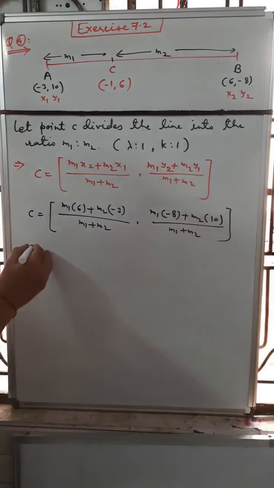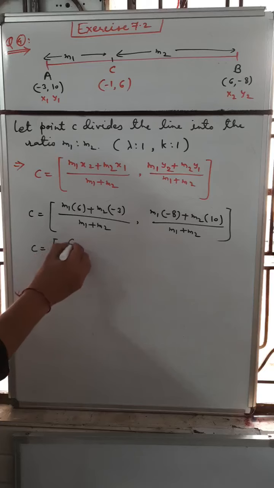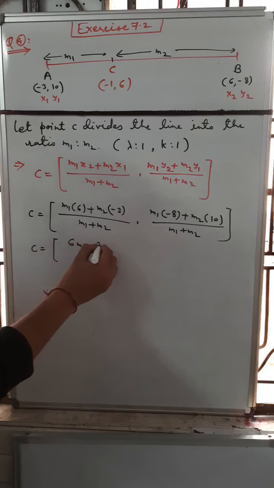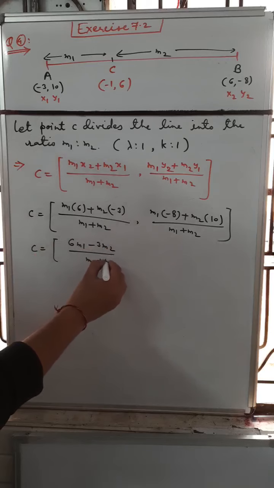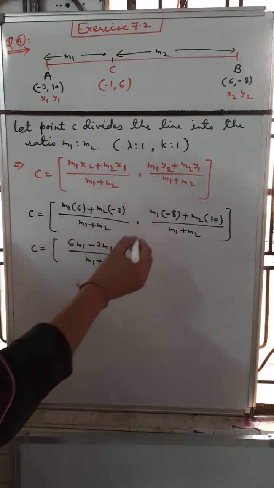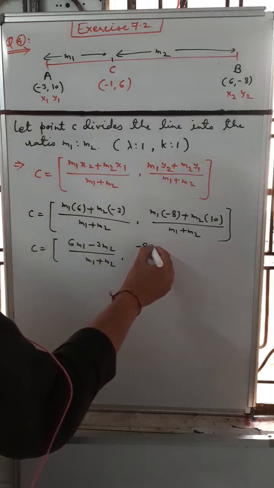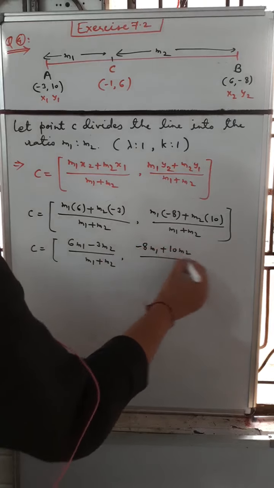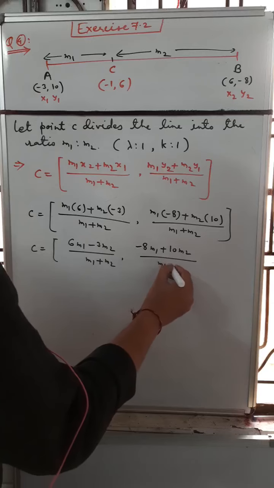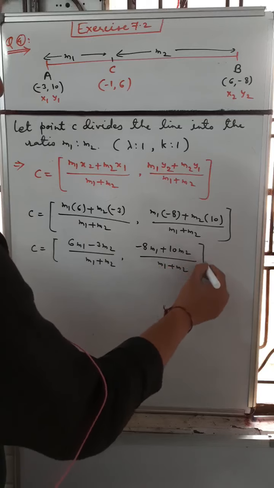Now simplifying, C is equal to (6m1 minus 3m2) upon (m1 plus m2), comma, (minus 8m1 plus 10m2) upon (m1 plus m2).